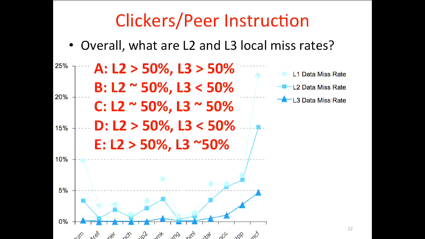Now, one thing to get in your head is, wait a minute, that L2 local miss rate is over 50%. So more than half of the accesses in L2 are missing and going out to the next level. So what's the point of having an L2 that misses more than half the time? First thing to say is that's very common, right? Usually you'll find the local miss rates in the outer caches are very high, like 50% or more.